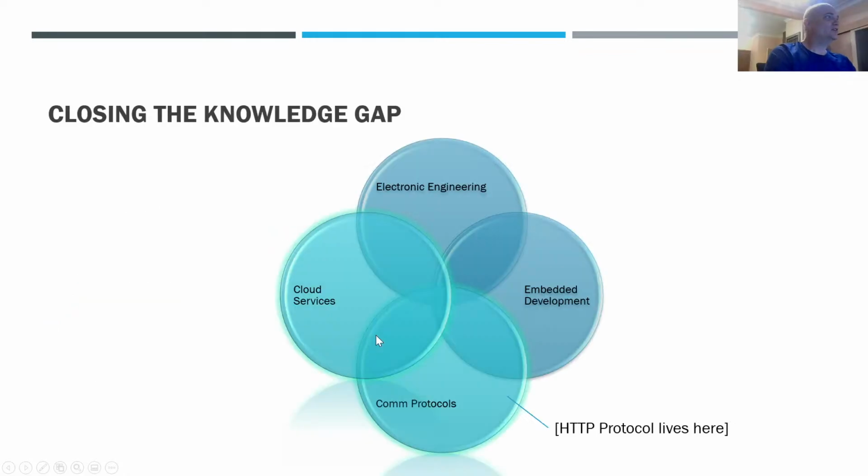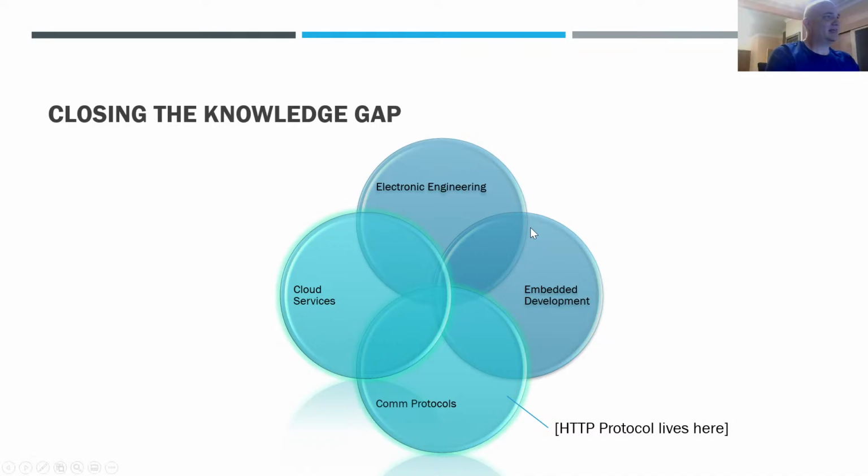Gartner actually made a comment once. He said that the reason why IoT is not working as well as people would hope is because there's a lack of knowledge in the market. I think that's a little bit of an unfair statement. I'd say a more accurate statement would be that there are very few people who have the multiple disciplines required for IoT development.